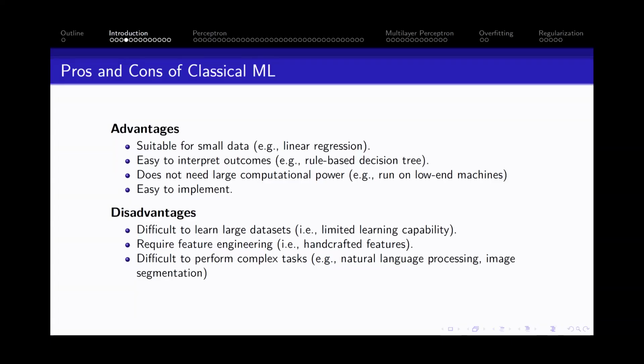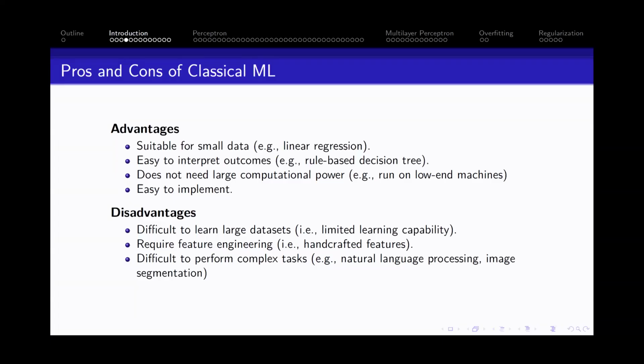Classical machine learning models are actually suitable for small data, if you notice, they can be easily interpreted, and they don't need high-end computational resources. You can even train it on a CPU. You don't need even a high-end GPU. You can just use CPU, and also they are easy to implement.